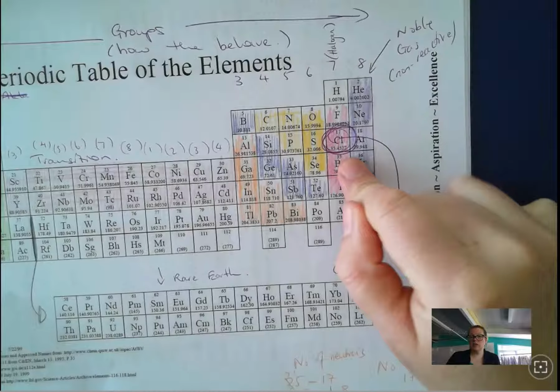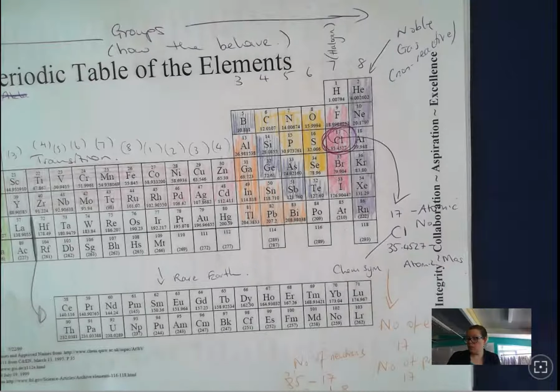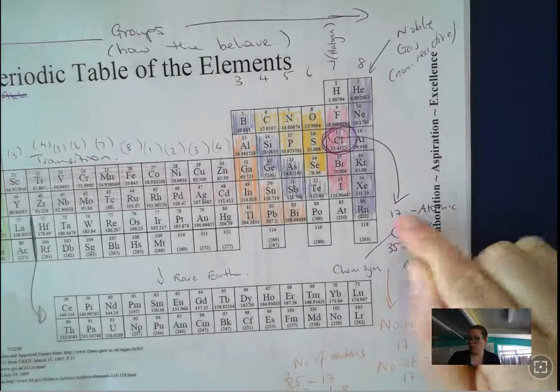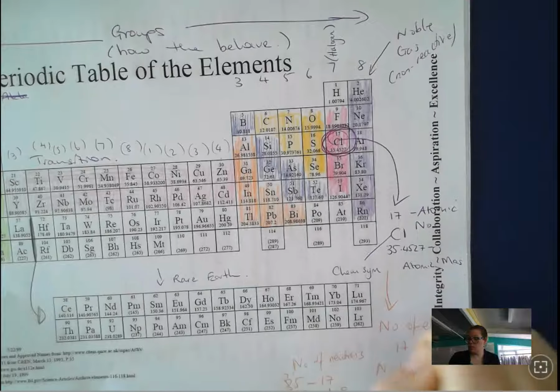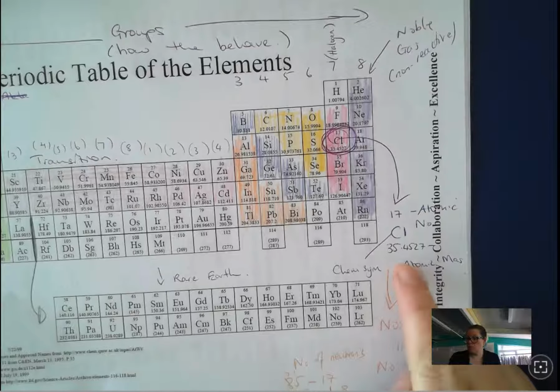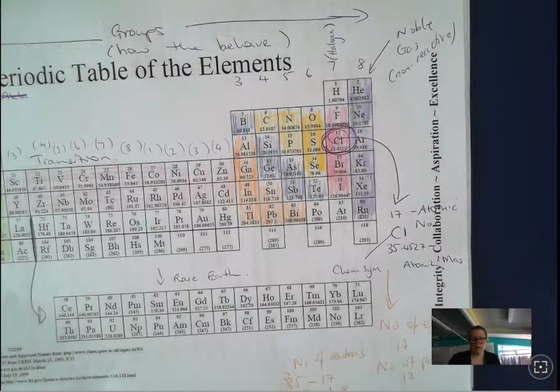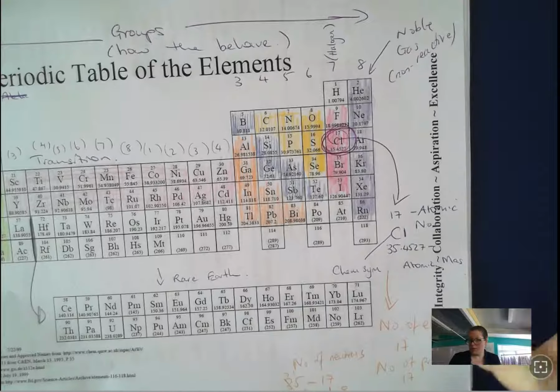So if we look at chlorine as an example, it has an atomic number of 17, you've got your chemical symbol, and you have got the atomic mass of 35.4527. From that we know that there are 17 electrons, 17 protons in the atom, not in the ion, and that there are 18 neutrons present.